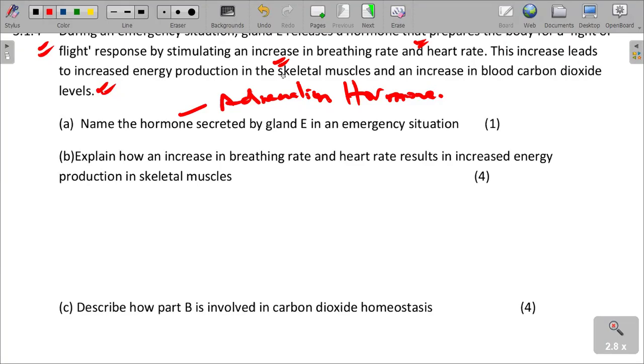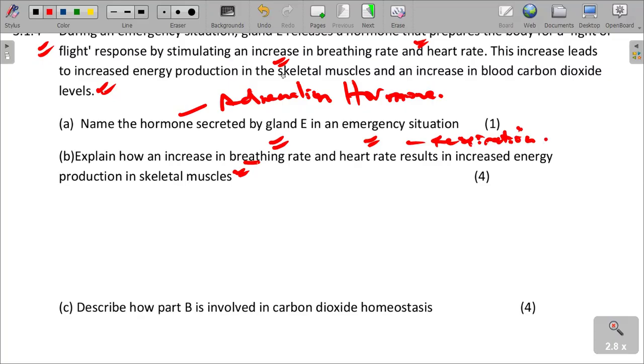And then explain how an increase in breathing rate and heart rate results in increased energy production. You see, this question is all about increased energy production, which is caused by an increase in breathing and heart rate. So our question wants us to comment on the process that results in energy, which is respiration.